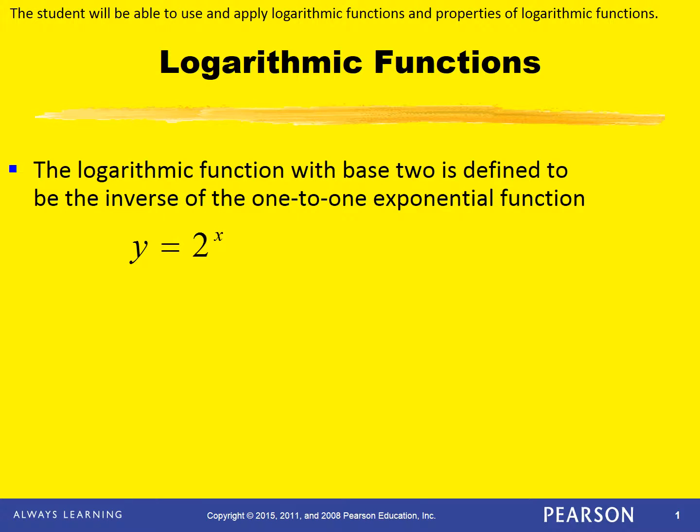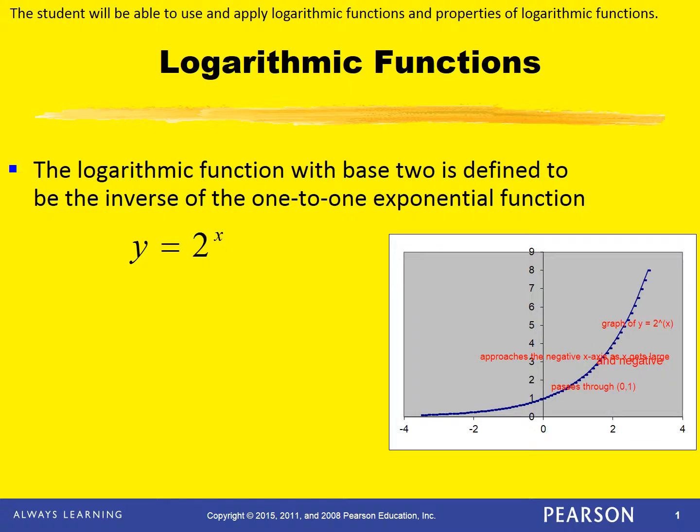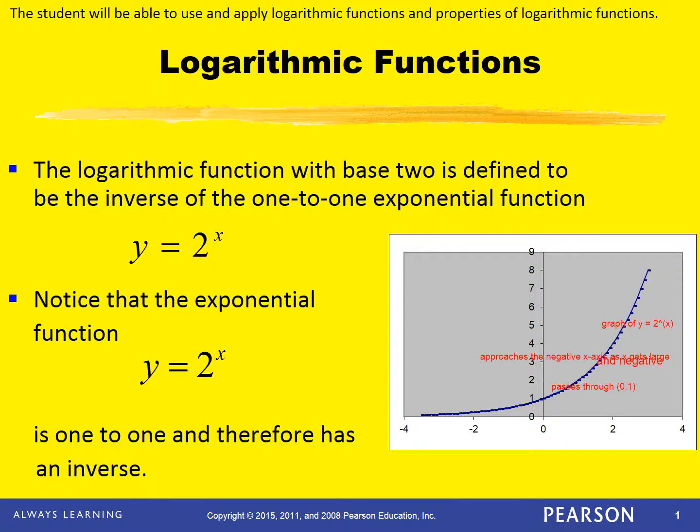The logarithmic function with base 2 is defined to be the inverse of the one-to-one exponential function with base 2. So here is the exponential. The base is greater than 1, so it's increasing as we read from left to right, and of course passes through (0, 1).